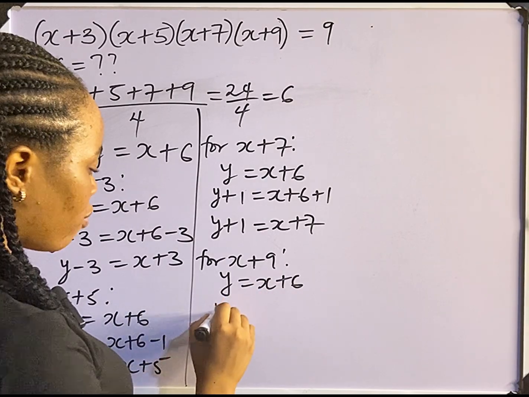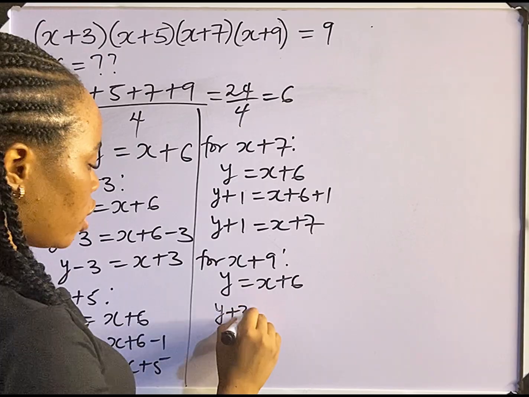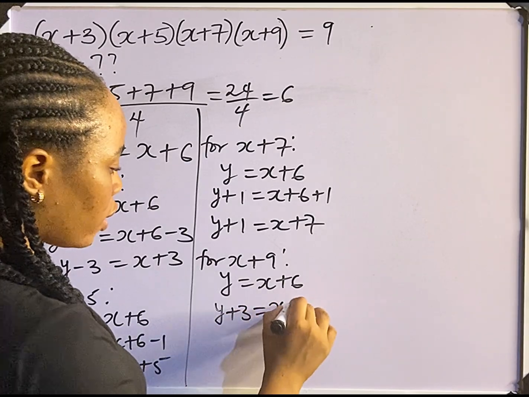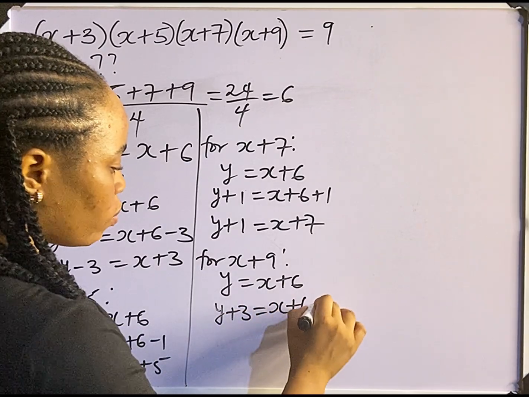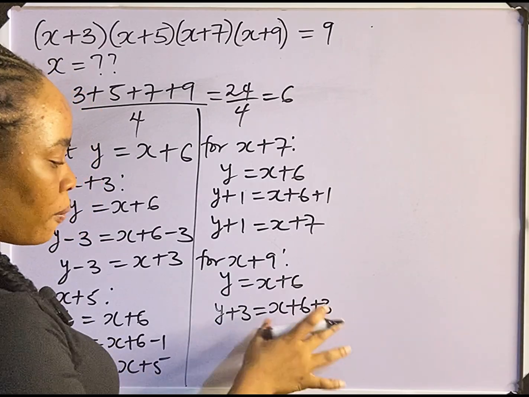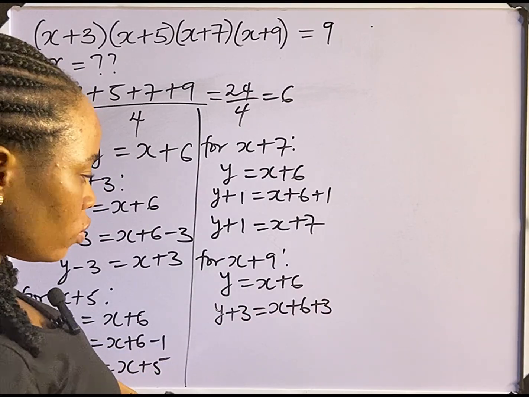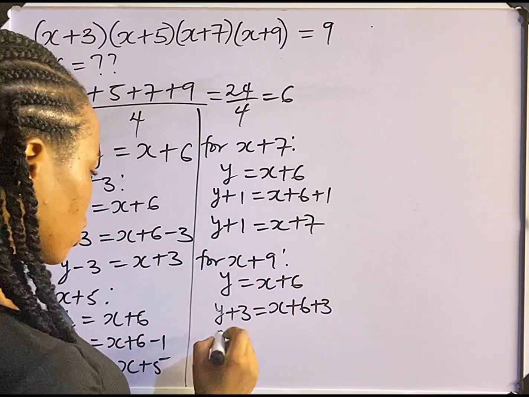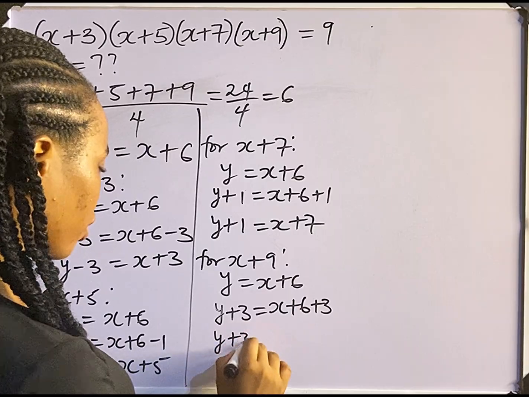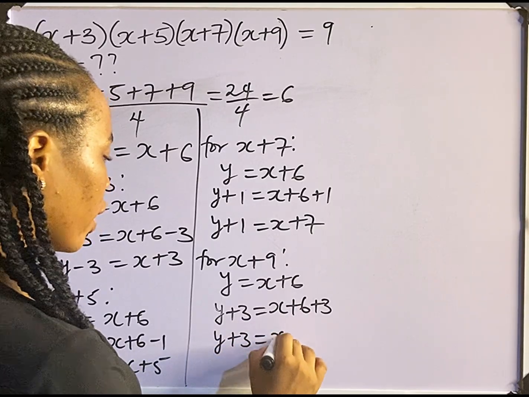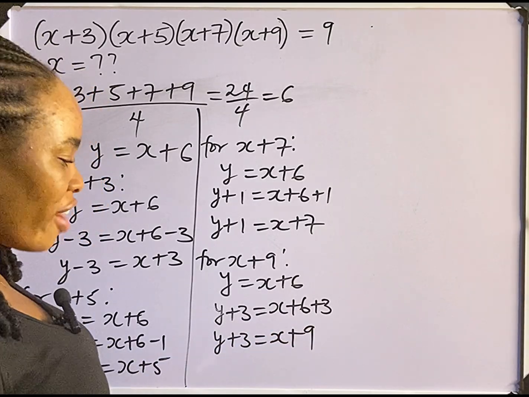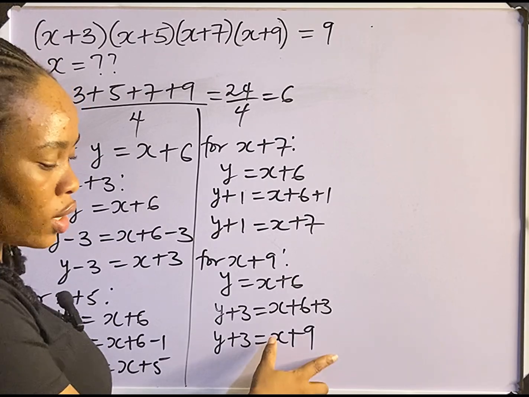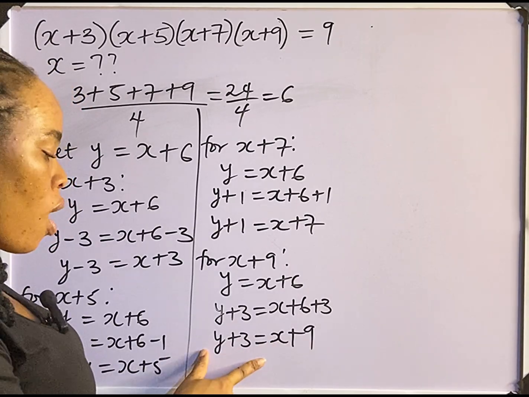So that I'll have y plus 3 equals x plus 6 plus 3. So this becomes y plus 3 equals x plus 9. So I have been able to write x plus 9 in terms of y.